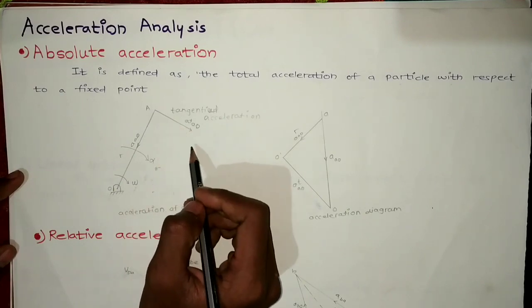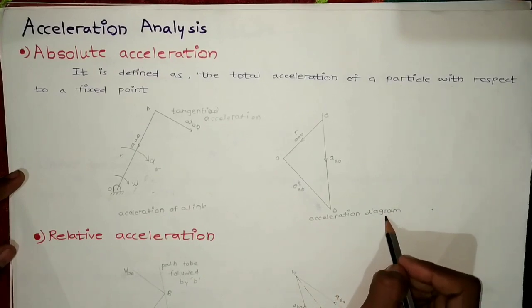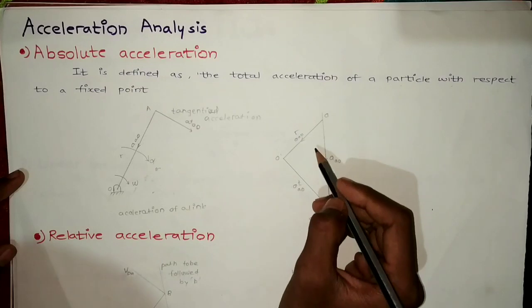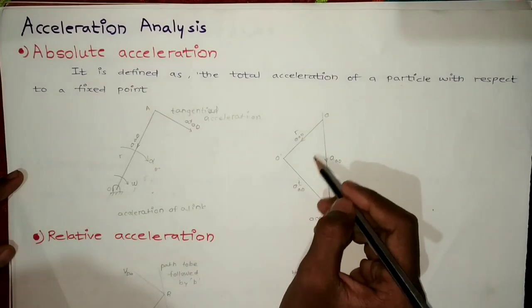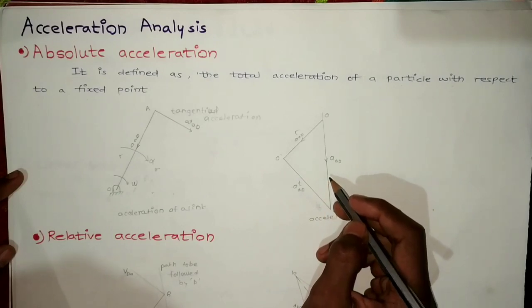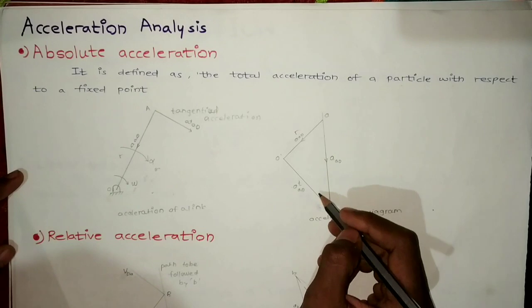Then we see the acceleration diagram which is drawn on the right side. In this, first we have drawn the rotating link which has angular velocity and angular acceleration, and the second link which has tangential acceleration, denoted as a t.